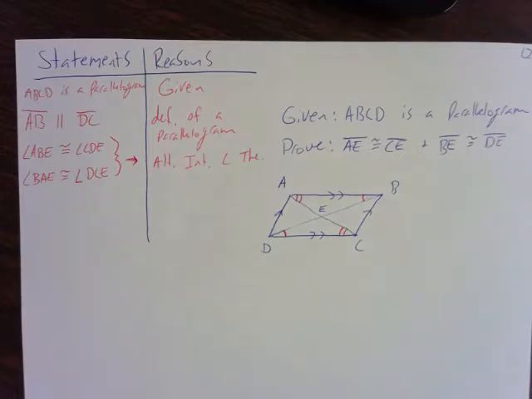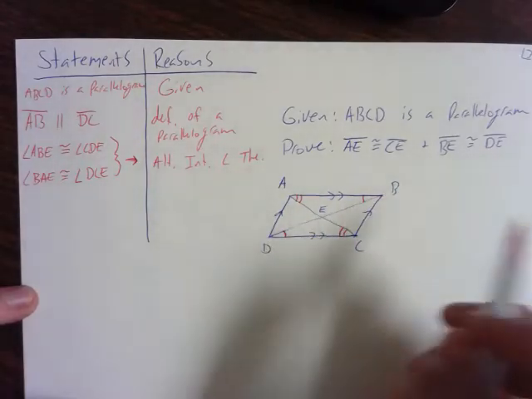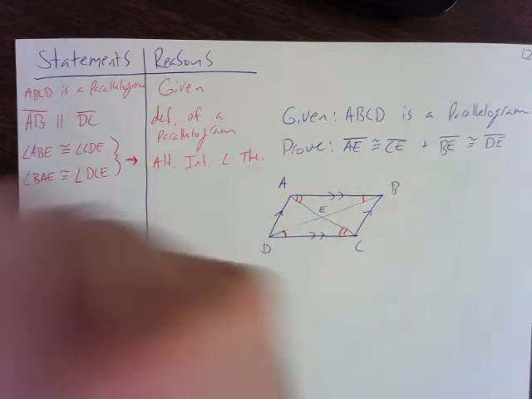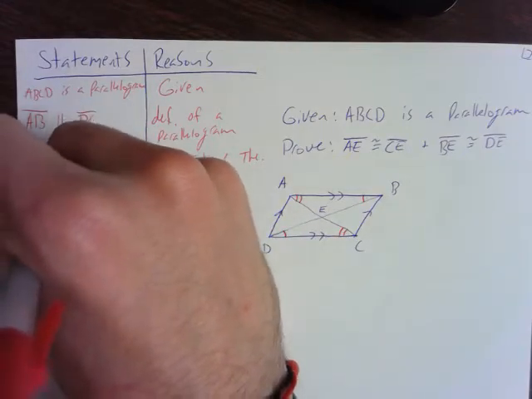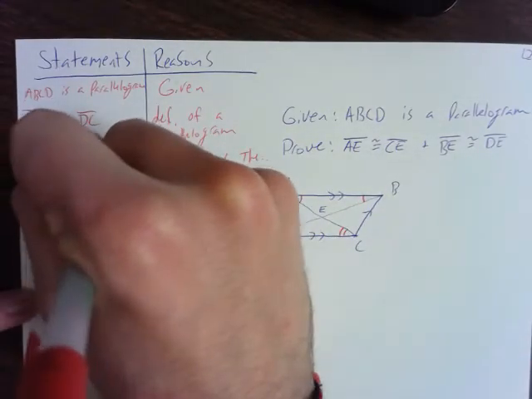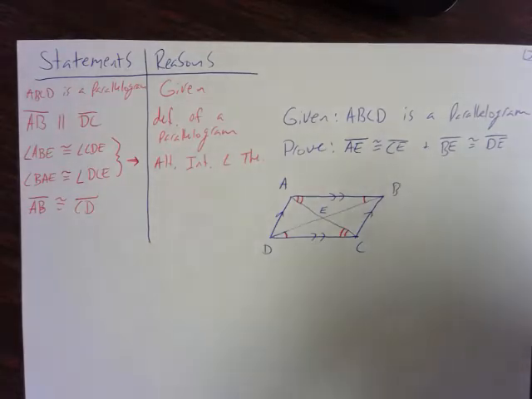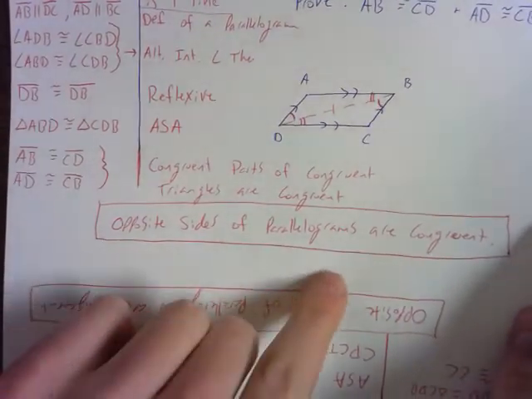Okay, awesome. Now I want to prove that line segment AB is congruent to line segment DC. I wonder how we're going to do that. Well, hopefully, if you've watched the previous two videos, you will know that opposite sides of parallelograms are congruent.